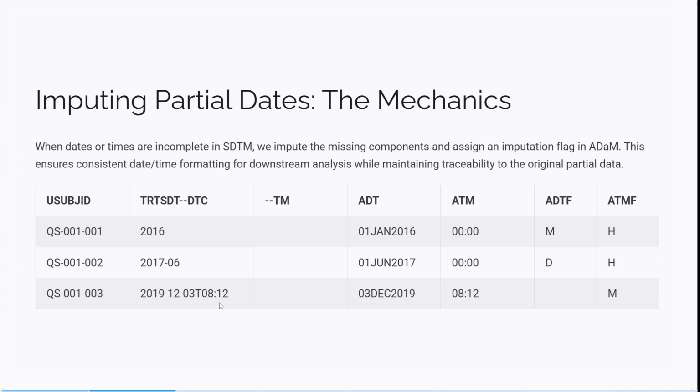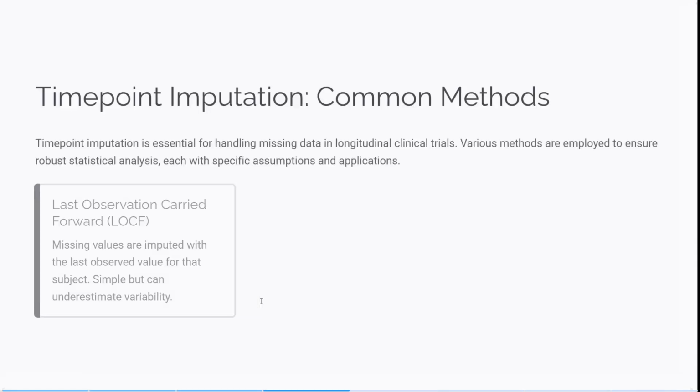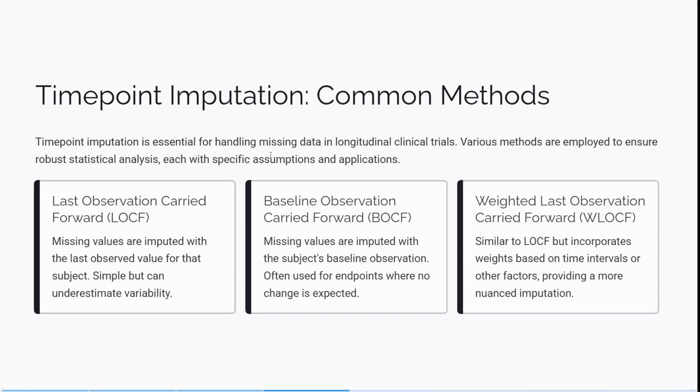Okay, so next, if you check time imputations, time imputation is essential for handling missing data in longitudinal clinical trials. Various methods are employed to ensure robust statistical analysis, each with specific assumptions and applications. First, last observation carried forward: missing values are imputed with the last observed value for that subject. Simple but can underestimate variability.